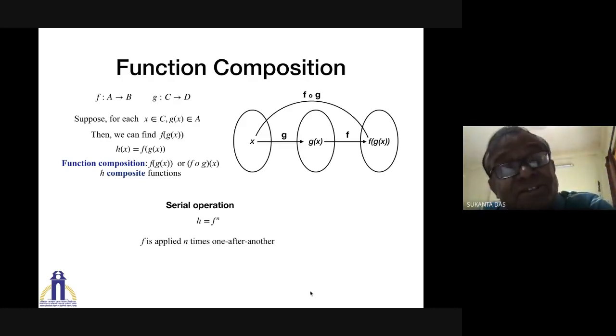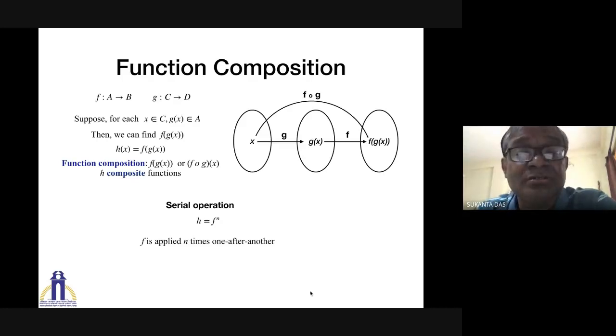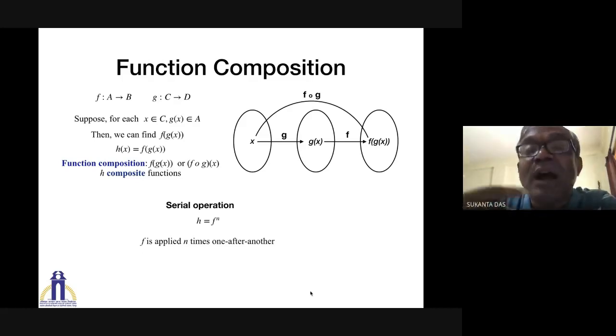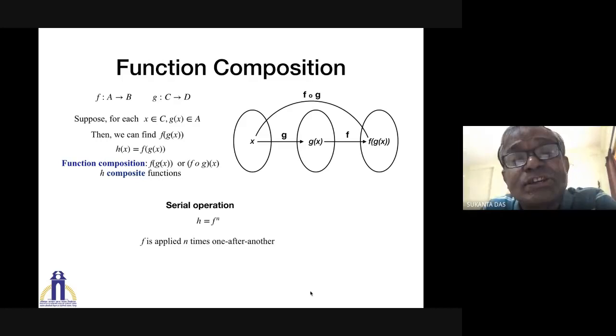What more I understand from this function composition is that this is a serial operation. As I've said, I am applying the functions in sequence. Suppose h equals f to the power n, the same function. To make it simple, consider I am applying the same function again and again.